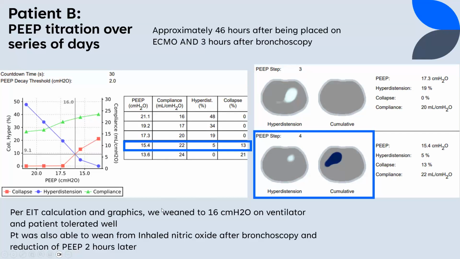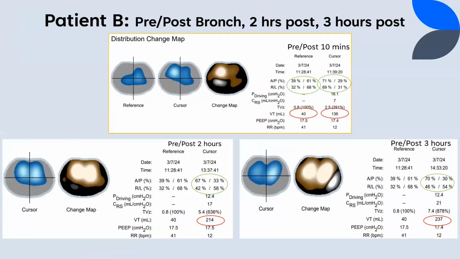And we were also able to wean from inhaled nitric oxide 2 hours later after the bronch and the PEEP reduction. So you can see if we were at 18, we would have had quite a bit more hyperdistension, and we're just starting to have some collapse there. We weaned the PEEP, and the patient tolerated it very well. And again, like I said, we were finally able to get off that inhaled nitric oxide. So that felt like a big jump in the right direction.